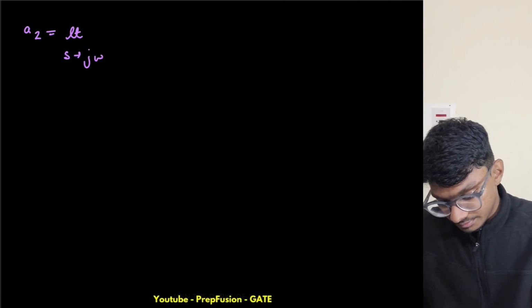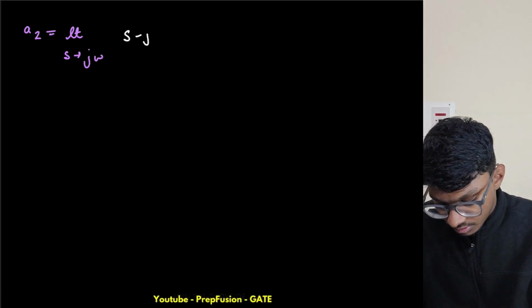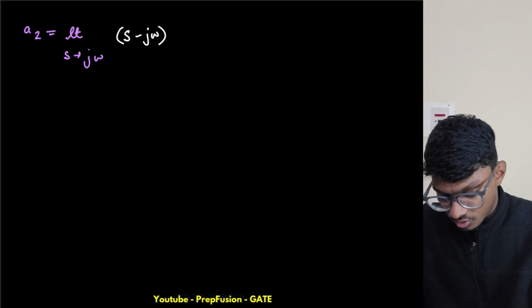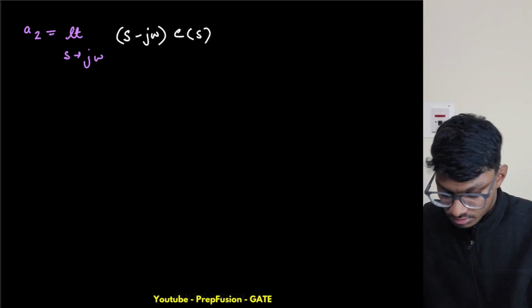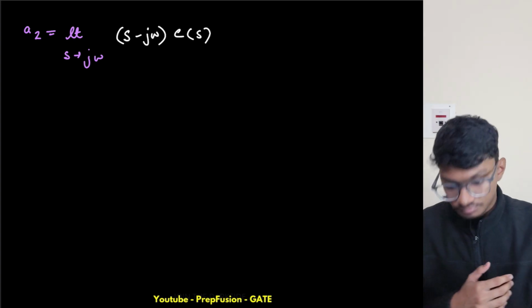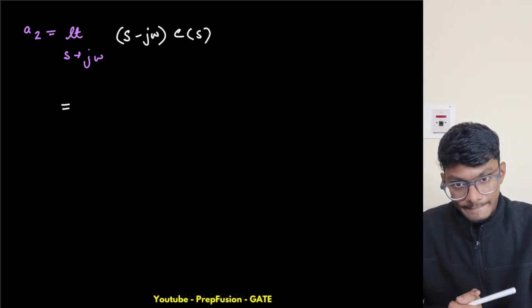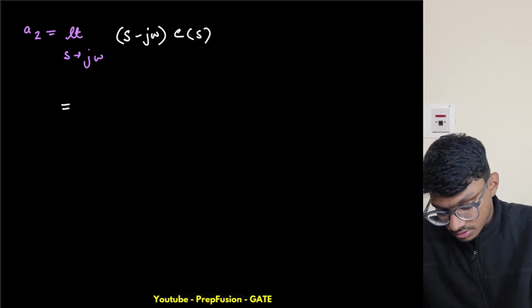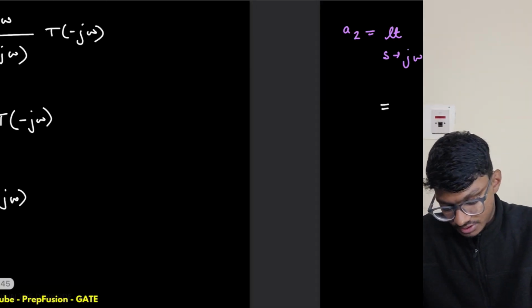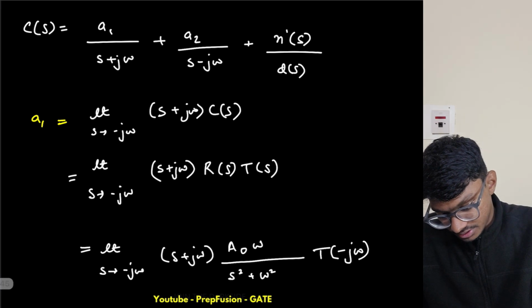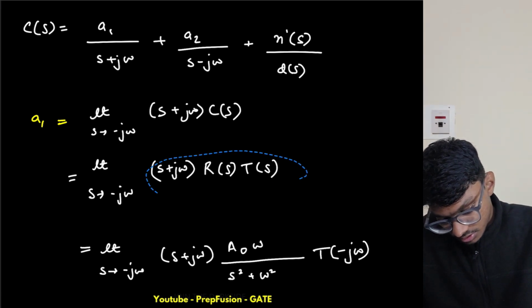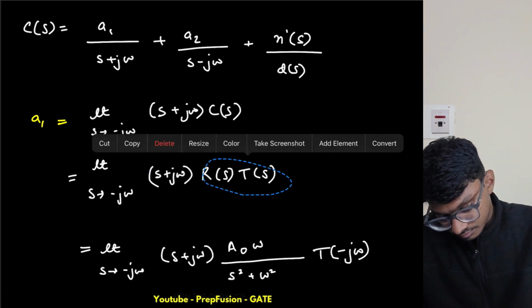So limit as s tends to j omega into c of s, right? So this is c of s. Now what we need to do is replace c of s with this one, the same procedure. Same procedure, so replacing with this one.